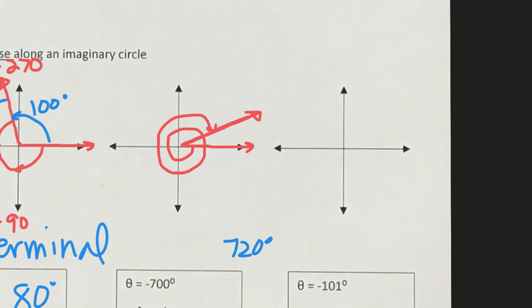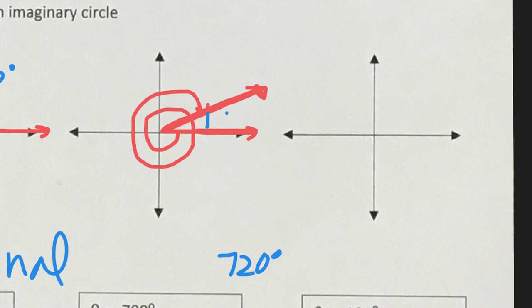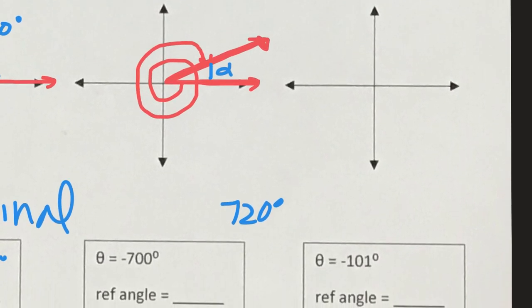You have your initial side and you have your terminal side. Those are the 2 parts that make up an angle, right? 2 rays from geometry. So our reference angle is what gets us back to the x-axis. In this case, we are 20 degrees shy of going all the way around twice. So we have a 20 degree reference angle.